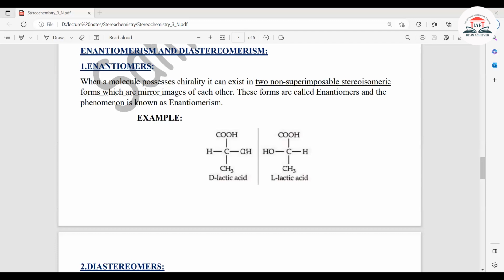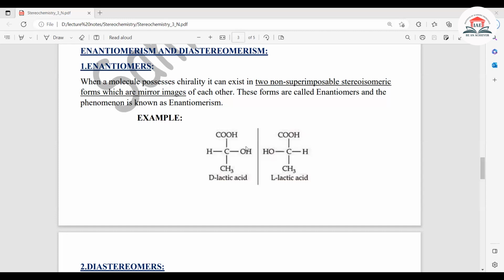If it is on the right hand side, and in the structure the top priority group like CWH is on the upper part, placed in the first carbon position, then you can determine that if the OH group, the higher priority group, is on the right hand side, it is the D form. What do I mean by higher priority? Between H and OH, OH has higher priority. So if OH is on the right hand side, it is the D form, and if it is on the left side, it is the L form.